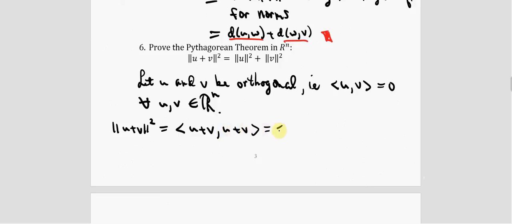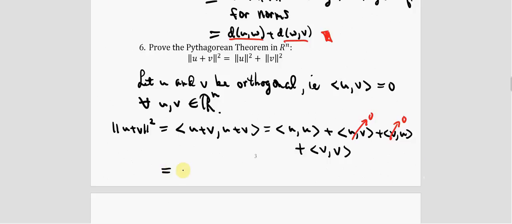So this is equal to the inner product of u, we use additivity, so u and u plus the inner product of u and v plus the inner product of v and u, then plus the inner product of v with itself. Now, the neat thing is that since the inner products of u and v are 0 because they are orthogonal, this is 0 and this guy is 0.